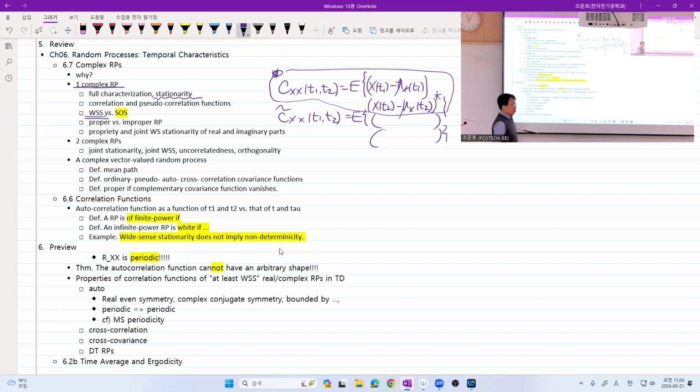Most definitions say that if the mean path of a complex random process is constant for time t, and if the ordinary covariance function is a function of only the time difference t1 minus t2, then the complex random process is wide sense stationary.